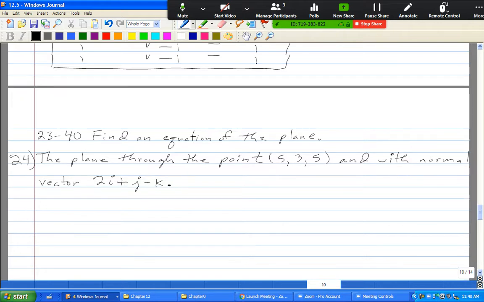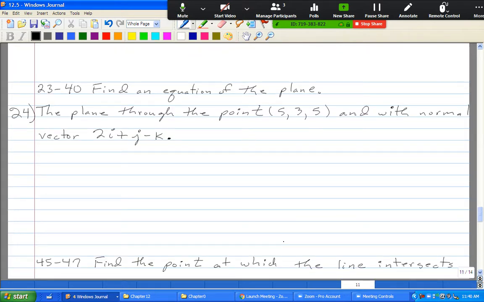In exercises 23 through 40, find an equation of the plane. Problem number 24. The plane through the point 5, 3, 5 with the normal vector 2i plus j minus k.